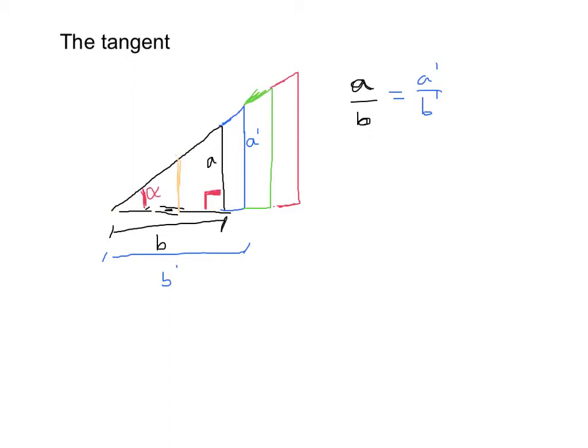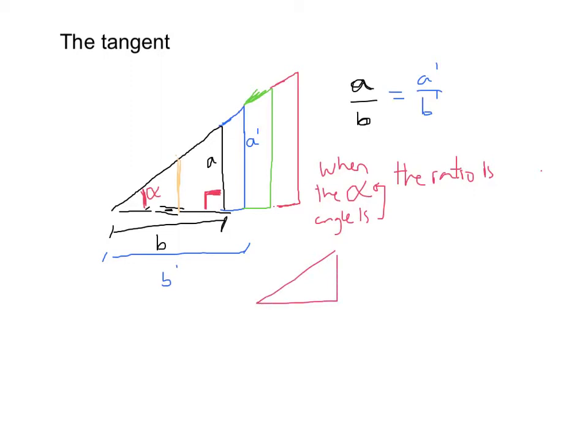What I say is that when the angle is alpha, the ratio is A divided by B. For example, let's take this away and make a new one, where this one measures 1, and this one measures 3, and this is alpha. So the ratio is 1/3.